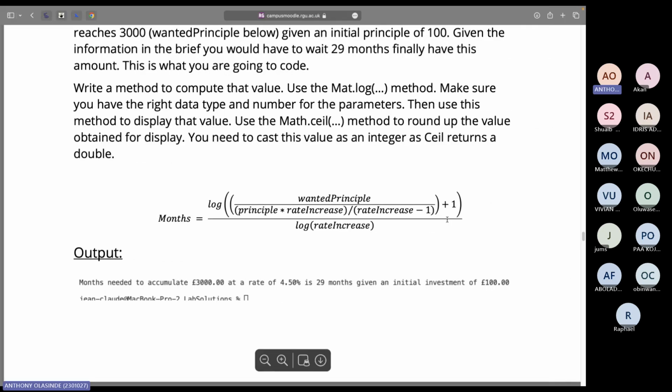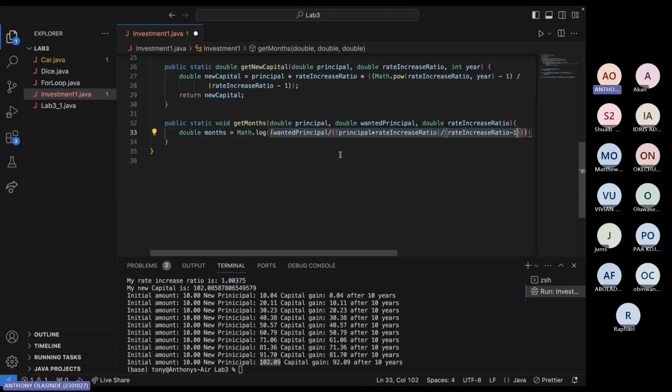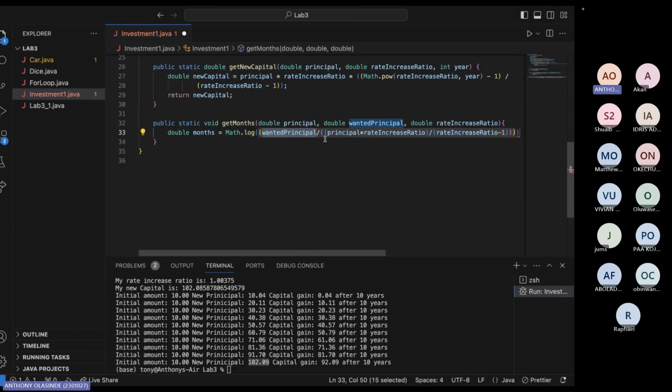Now this is where things get a bit complicated. You need this plus 1. You need to know where brackets start and where brackets end.